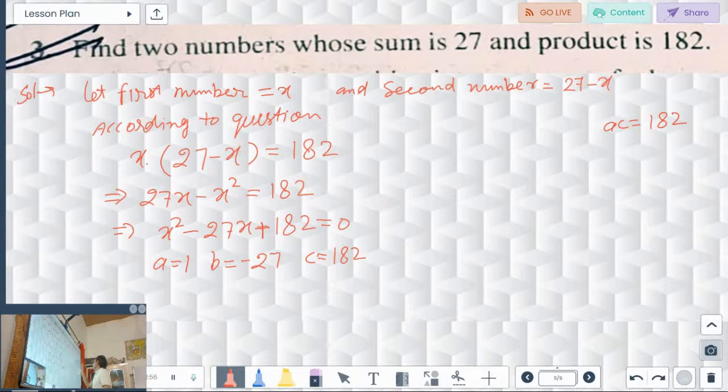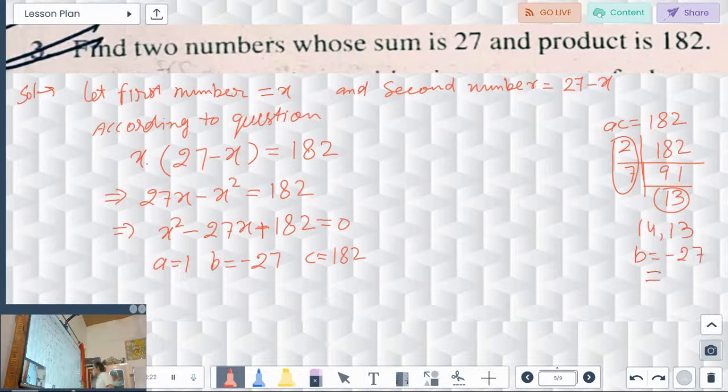The factors of 182 are 2, 7, 13, and there are two factors, 14 and 13. But b is minus 27, so both are minus.